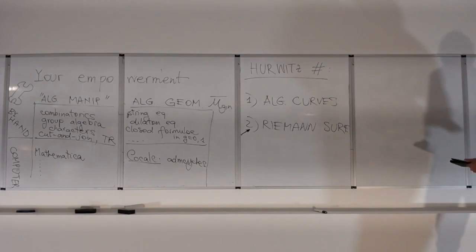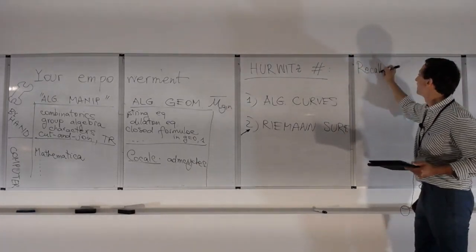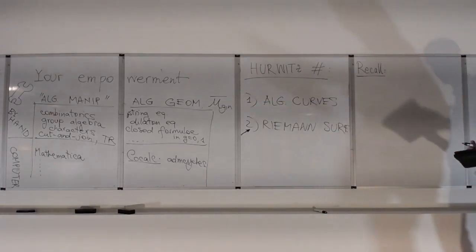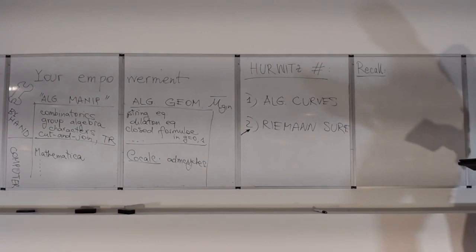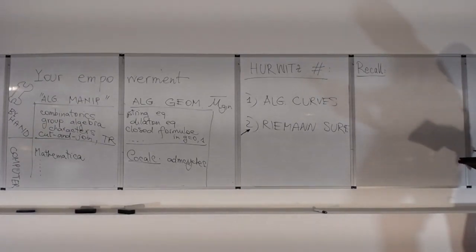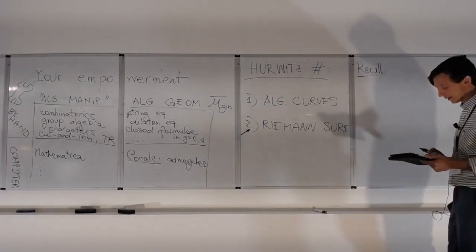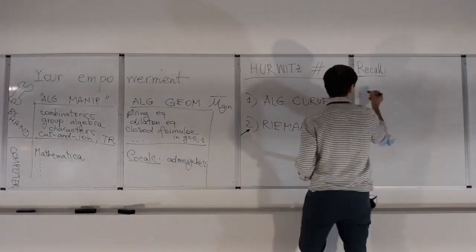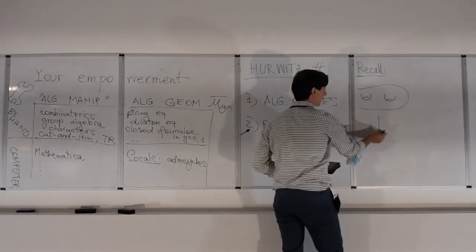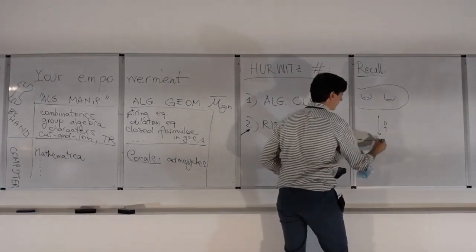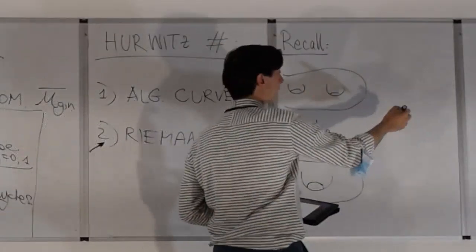Yeah, so let me recall some very basic facts that will bore you. The picture is the following. You have a Riemann surface, and then you want to study a map to another Riemann surface. Here you have your atlas with your charts.